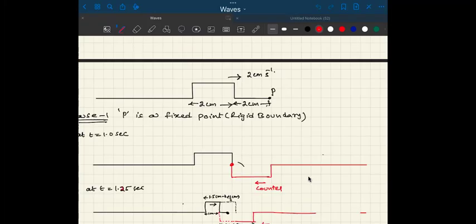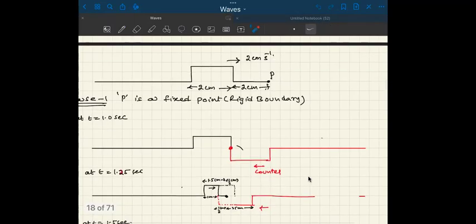Now, have you seen the first case? The pulse is moving towards P. Now, if P is a rigid boundary, then this inverted pulse, which is on the right side of P, is heading towards P. Right. Now, this is the situation. Thereafter, what happened?